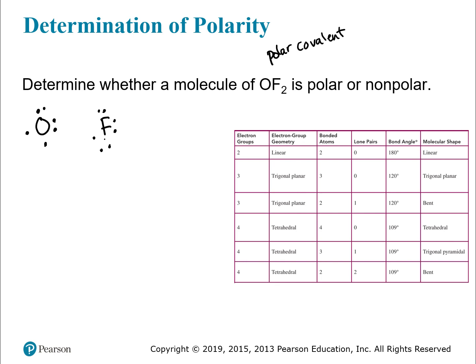When we put them together, we're going to use oxygen as the central atom because there's the fewest of them. We're going to bond that oxygen to both of the fluorines. Then we're going to fill in all of our lone pairs. For electron groups, we've got 4 electron groups.